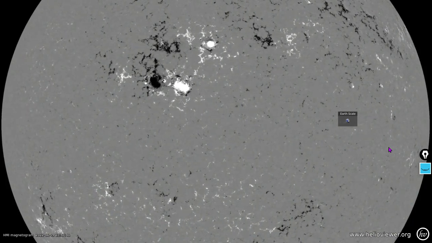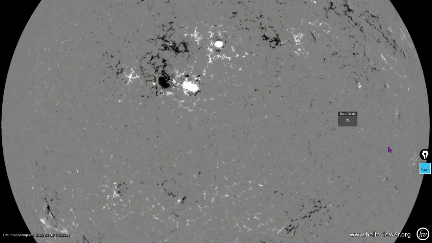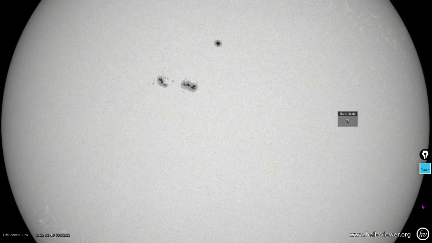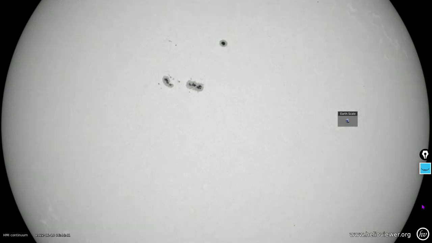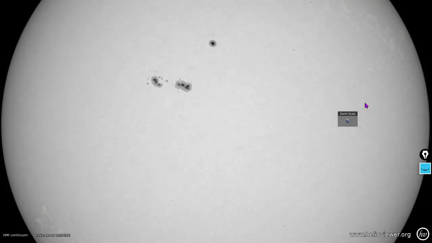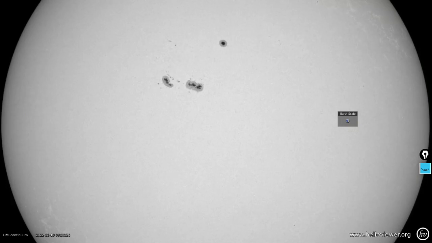And let's switch to the SDO continuum. So a little bit of growth up here. Mostly stable there over the past 24 hours. There are still multiple sunspot groups in the northern hemisphere, though.